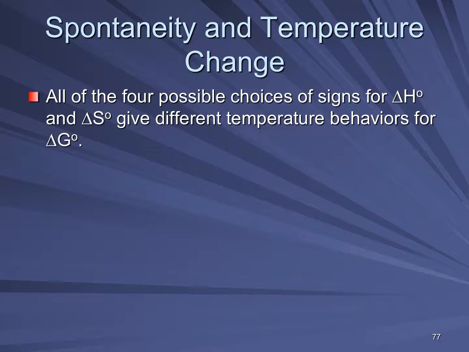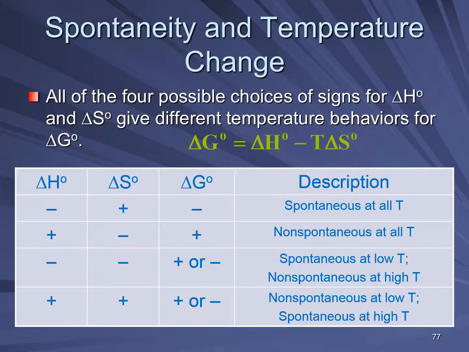And so what we can do is look at delta H and delta S in different situations and predict what's going to happen to delta G. And so, in other words, will it be spontaneous or not? So remember that delta G equals delta H minus T delta S.